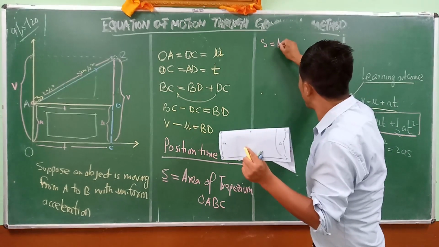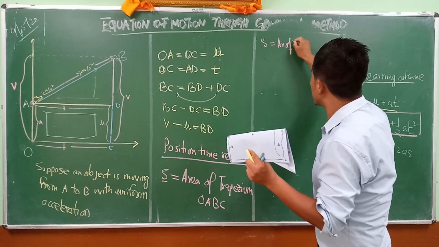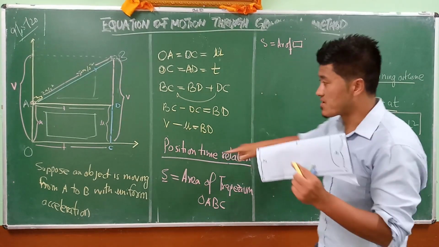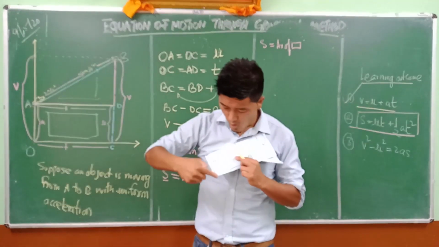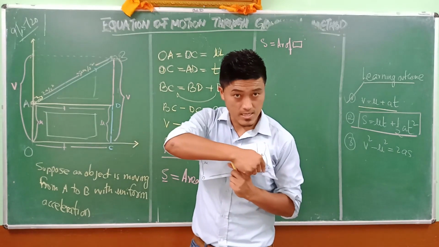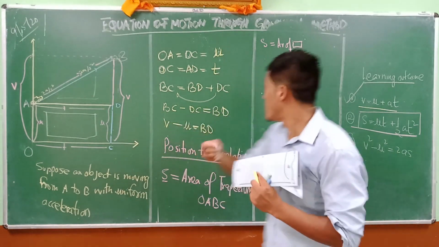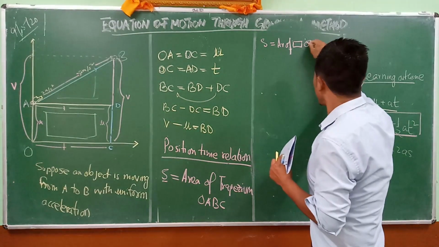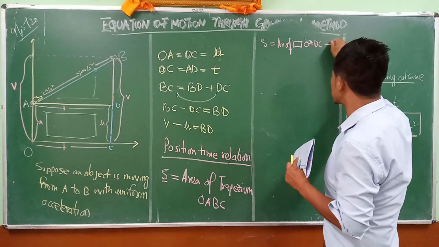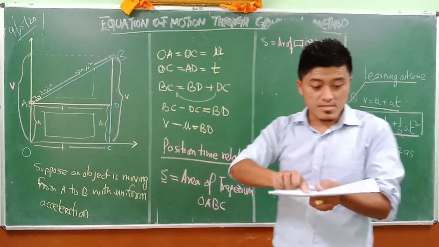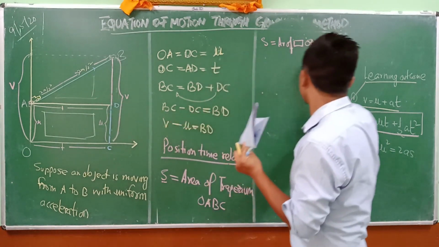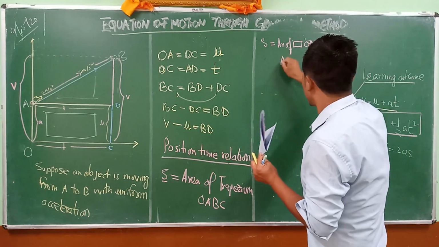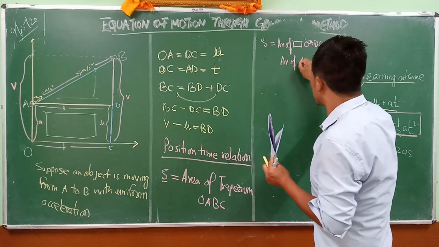Area of rectangle OADC, understand? Area of rectangle OADC plus there is another one, that is the area of triangle.